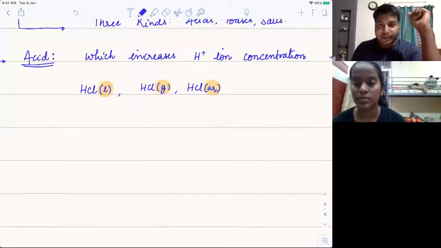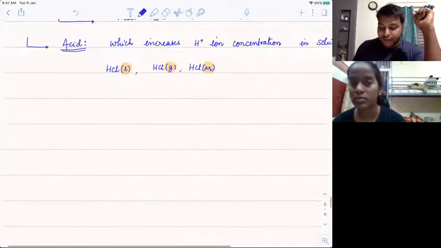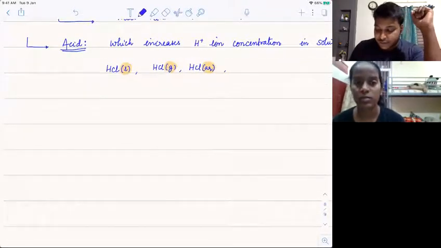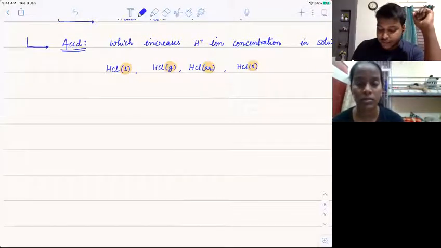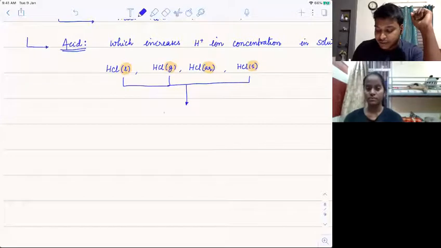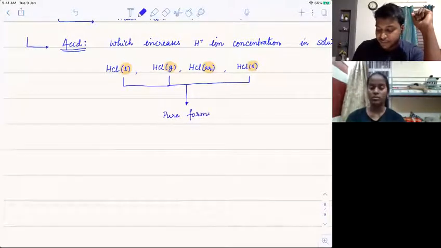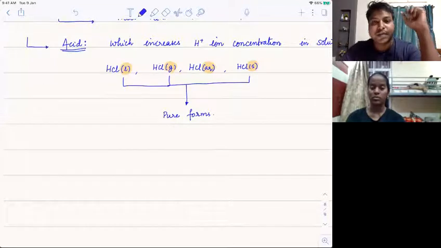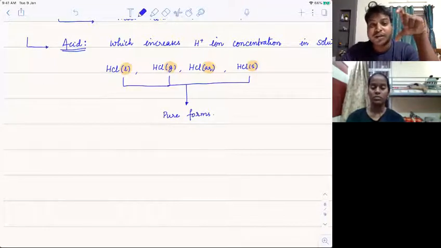So whenever we use these terminologies, for example, HCl can be solid also. Whenever we write these representations, either this or this, these representations are pure forms. That means they are pure substances.